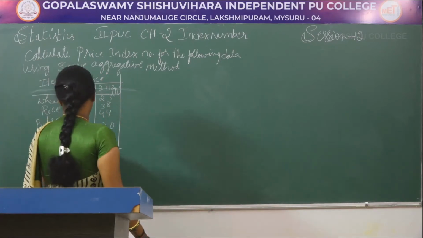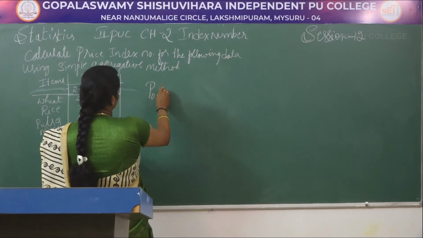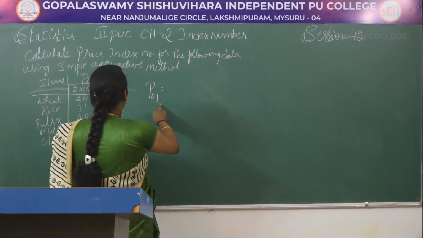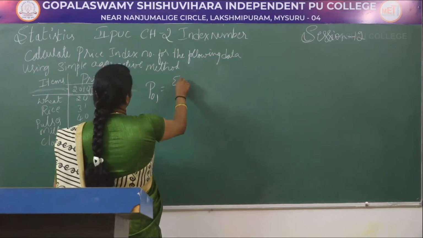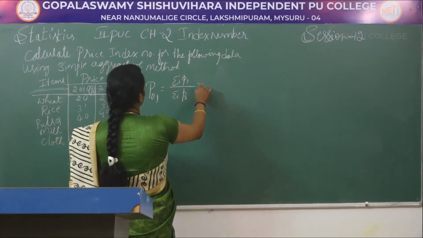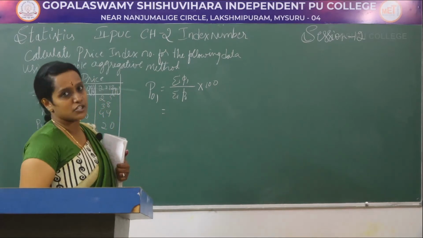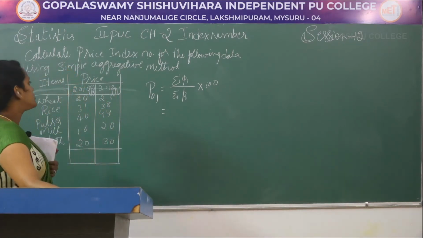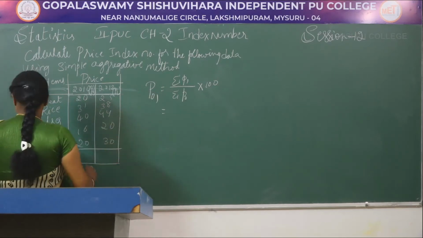To calculate this, we have a formula: P01, price index number of 01, where 0 means base year, 1 is current year. It is summation of P1 by summation of P0 into 100. So we take the summation of these two, then multiply by 100.